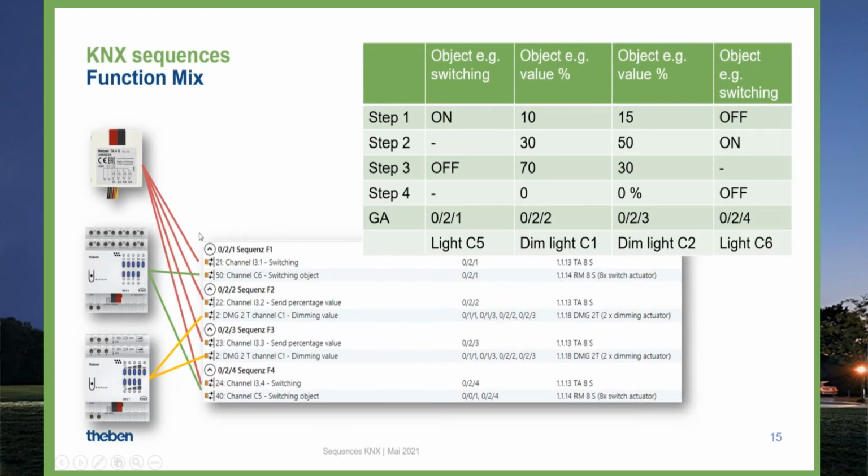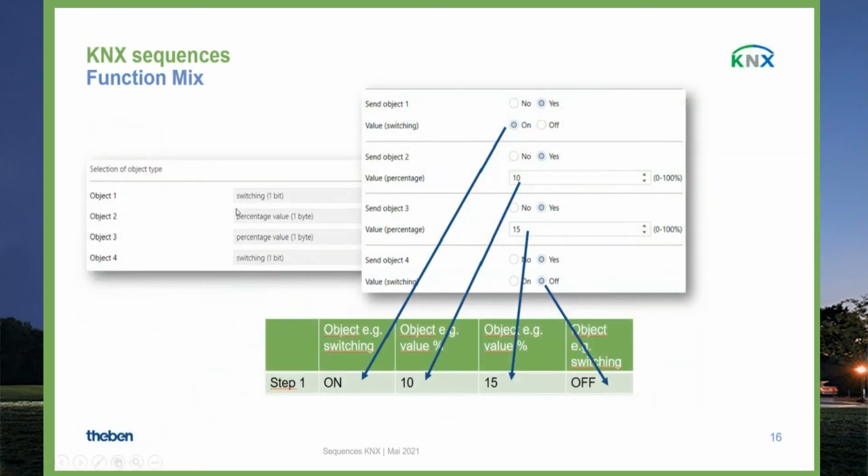Here, the push buttons to start, for instance, are to be integrated. That's it. The values are set here. And in the application setting in the ETS, you see in this frame setting that we have the on control command.